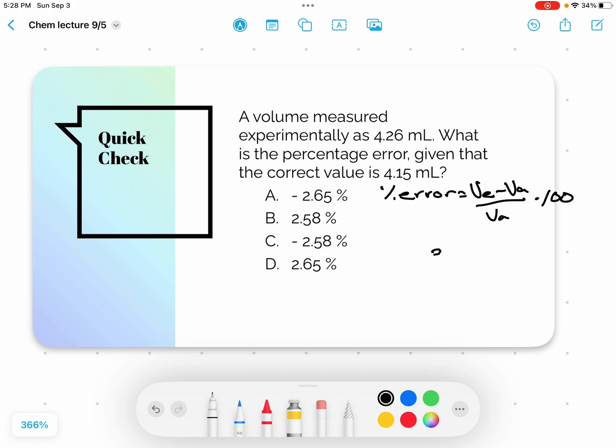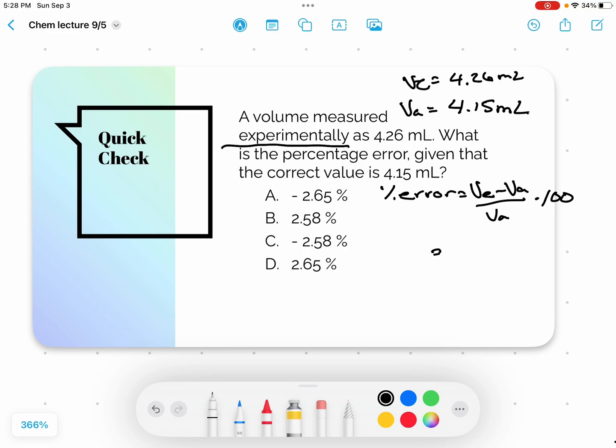Okay, so let's figure out what's our VE, what's our VA. A volume measured experimentally, big hint there, experimentally, tells me that's going to be my VE. So VE equals 4.26 milliliters. And what is the percent error given that the correct value, also known as the actual VA, is 4.15 milliliters?